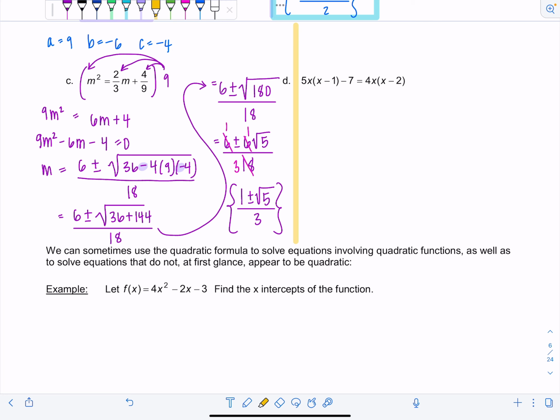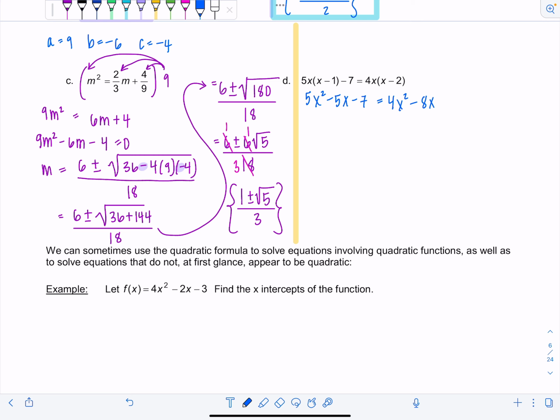Okay, example D, 5x times x minus 1 minus 7 equals 4x times x minus 2. So we got some cleanup to do before we can bust out the quadratic formula. So let's distribute on the left. This is going to be 5x squared minus 5x minus 7 equals 4x squared minus 8x.